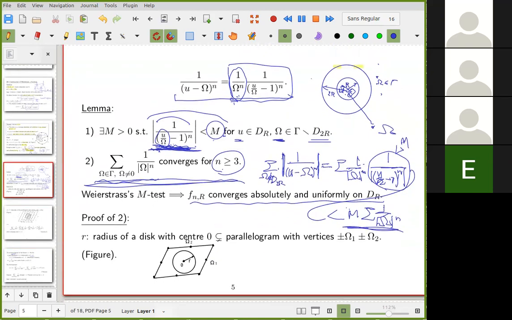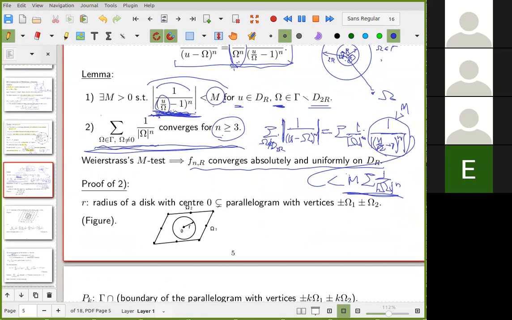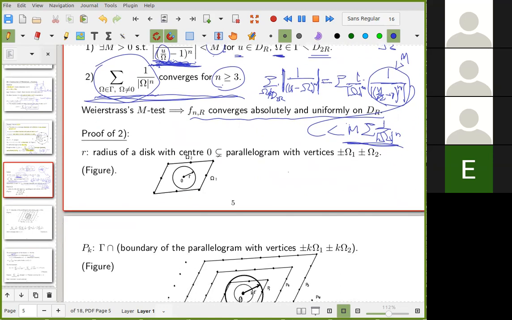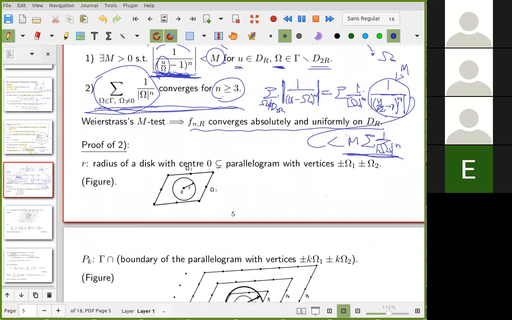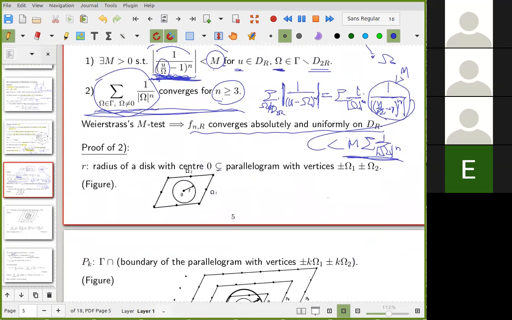So it is enough to prove that such a series converges. Well, it is not difficult if we look at the structure of the lattice. So this is the smallest part of the lattice. This is omega 1 and this is omega 2. And of course, there is some small disk inside.